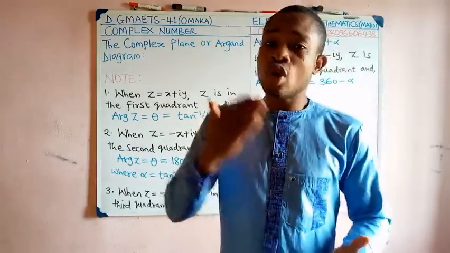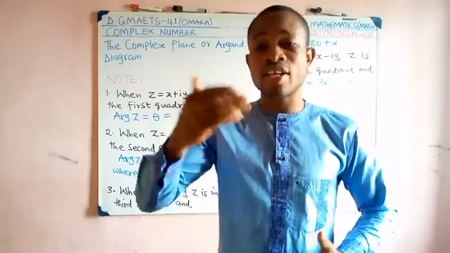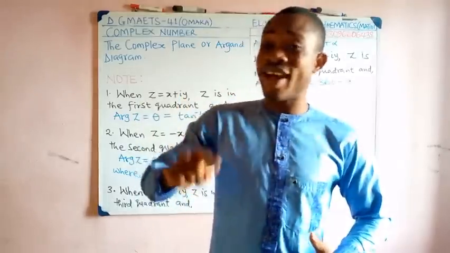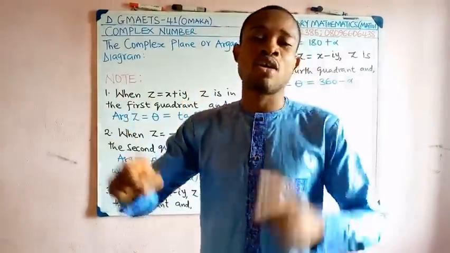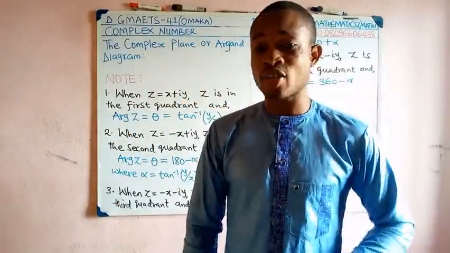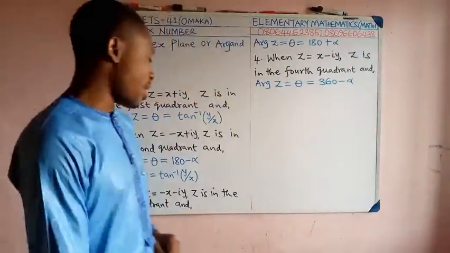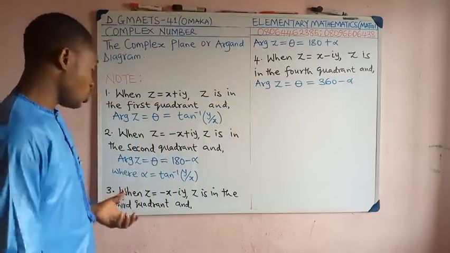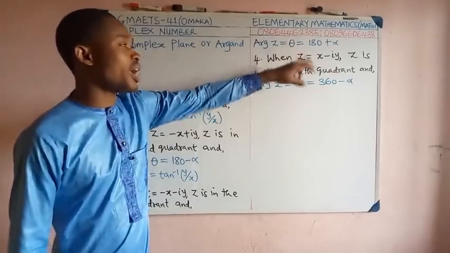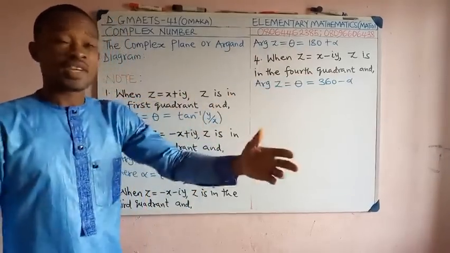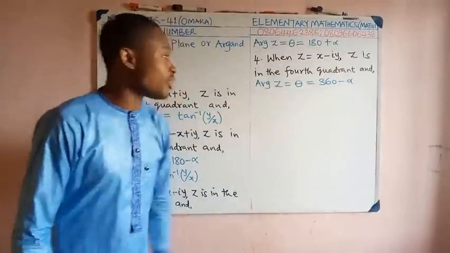All you still need to do is obtain your alpha, where alpha is equal to tan inverse of y over x. Then you do 180 plus alpha. That 180 plus alpha is your argument of z, which is the same as theta, according to how I've decided to use my symbol. Is that okay? The argument of z for z in the third quadrant is going to give us 180 plus alpha.